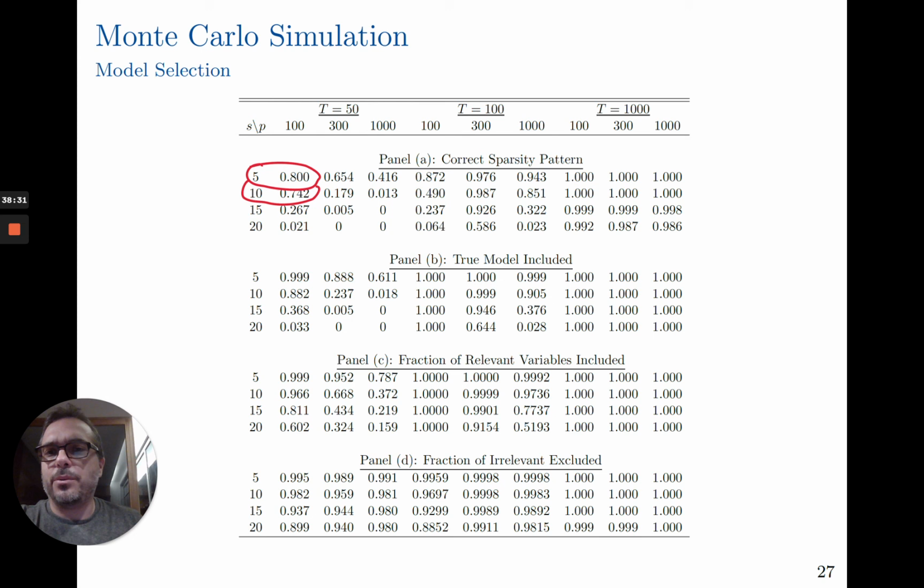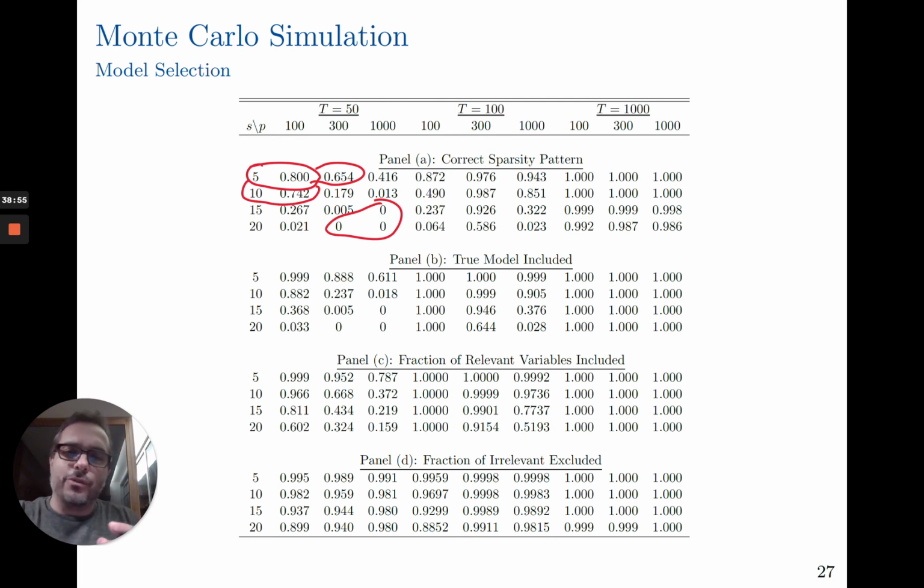So with s equals 5 or 10, and p equals 100. So we are kind of good. And if we are less rigorous, we can say that in this situation we are also good. Of course, when you go to 1000 variables with 50 observations, there's no hope to do anything right.